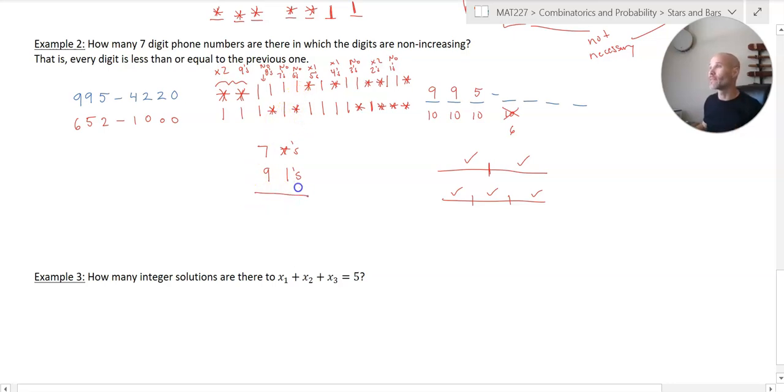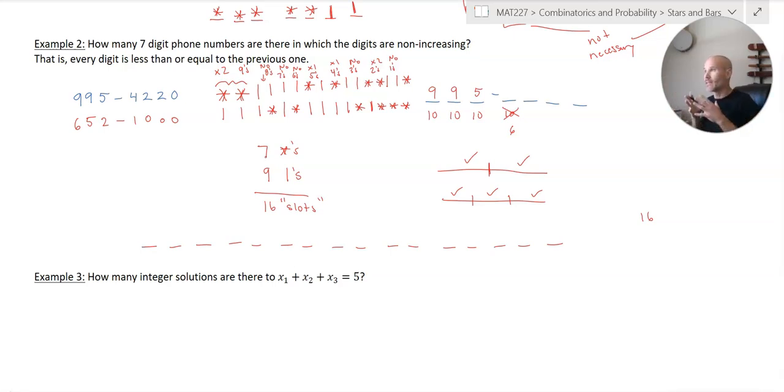So in total, we have 16 kind of slots, if you will. And now, if I think about stars and bars as taking up those 16 slots, 1, 2, 3, 4, 5, 6, 7, 8, 9, 10, 11, 12, 13, 14, 15, 16, then what I need to answer is how many different ways are there for me to take 16 slots and either pick 7 of them into which to place all 7 of my stars, or alternatively, take the 16 slots and pick 9 of them into which to put my bars.